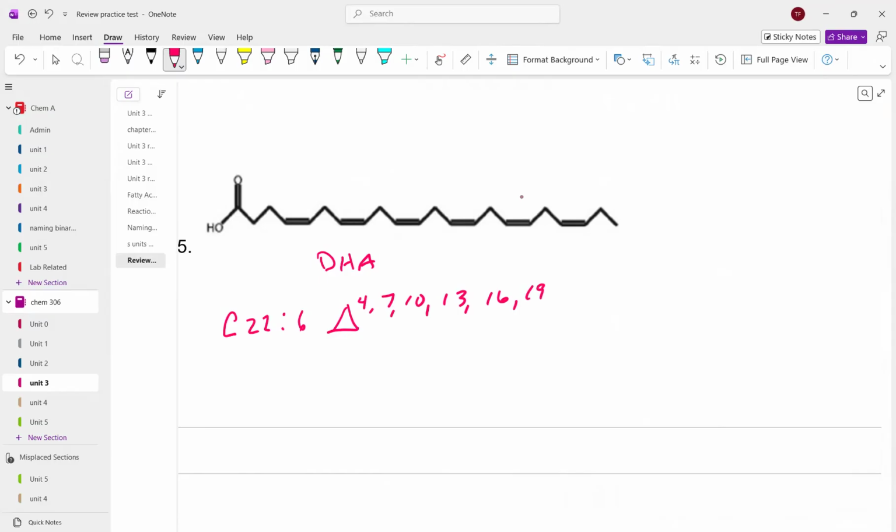Okay, that would be the Delta version. This is the omega end over here. So that's 3 in, so that's omega 3. Any of those would work.